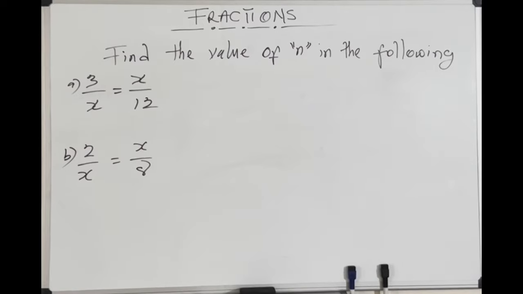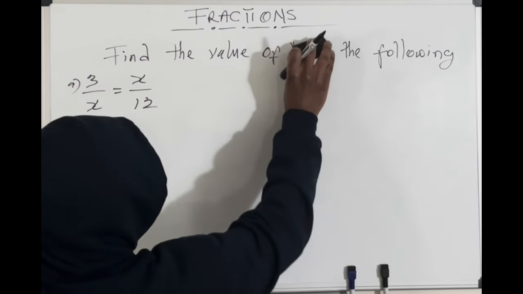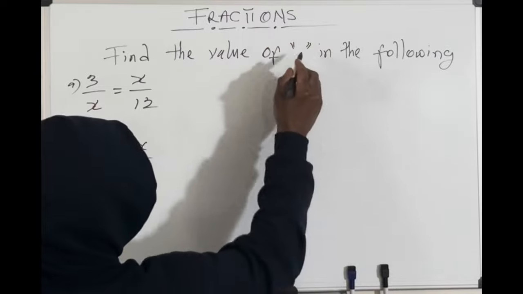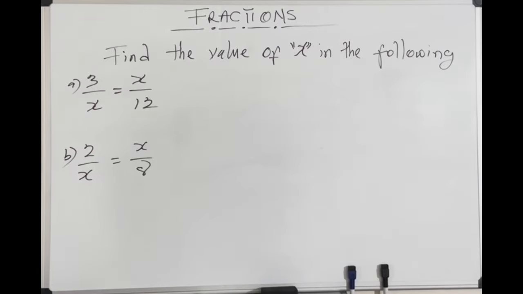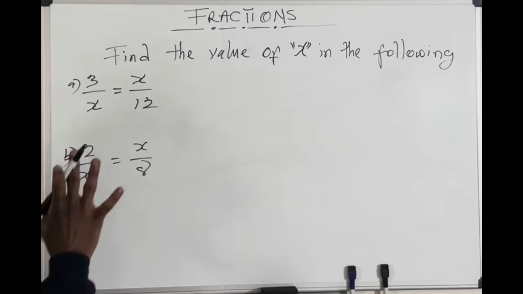You could be given a funny, confusing question like this: 3 over x is equal to x over 12. Sorry about that, let me change this to x. Just to confuse you, 3 over x is equal to x over 12. Do not panic because it's very easy.